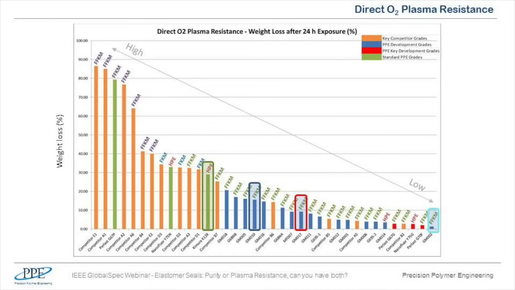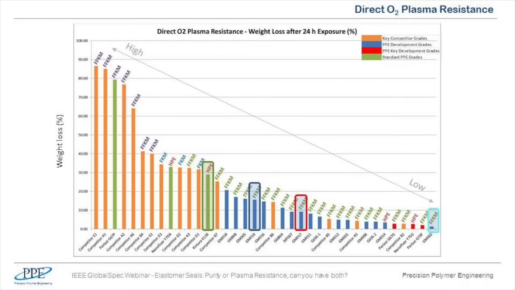However, as I mentioned earlier, low weight loss materials can be heavily filled and can release particles upon plasma exposure, which is definitely not wanted in semiconductor processes. The bars on the charts are color coded as to whether it's a PPE material, a development material from PPE, or from any other supplier.